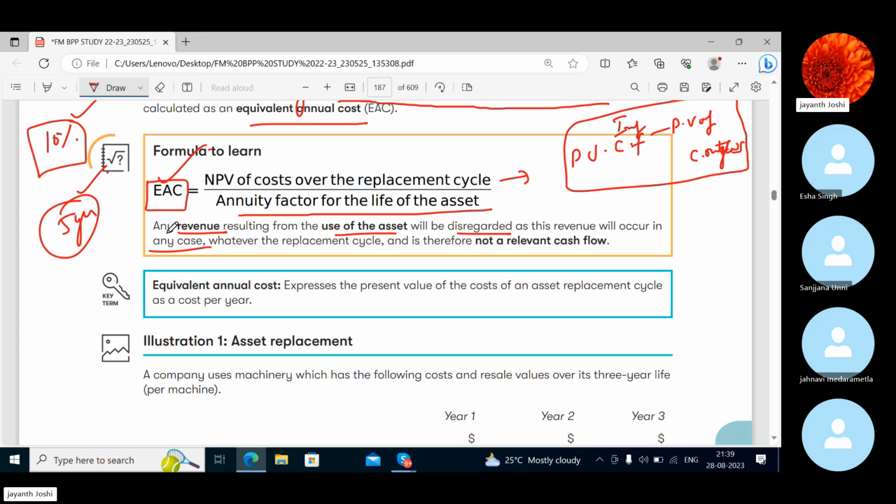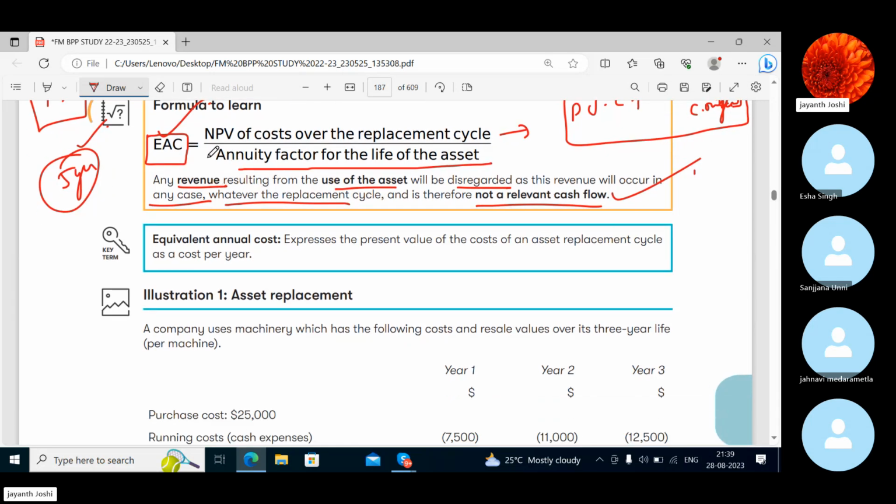So whatever revenue you are earning from the usage of the asset is not taken into consideration here, because definitely you're going to generate revenue by usage of that asset. That's an understood fact, right? So it is therefore not a relevant cash flow in this case. Why? Because you bought the asset for that purpose only, right?